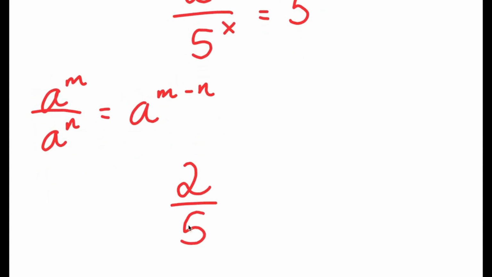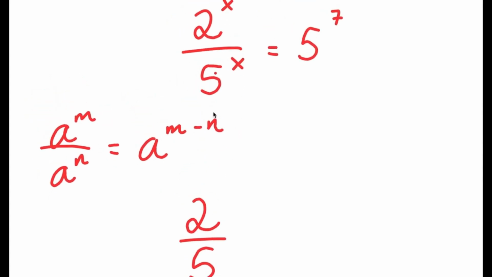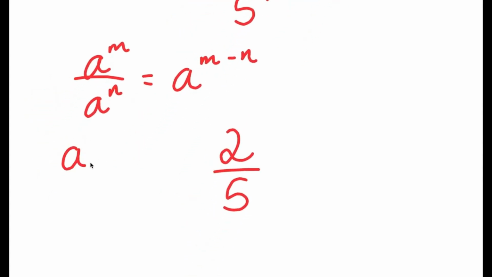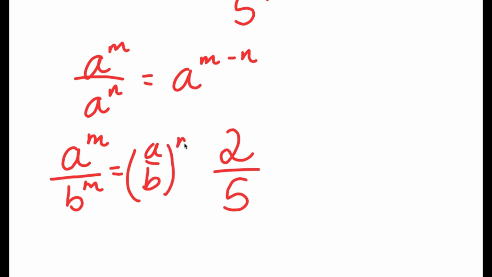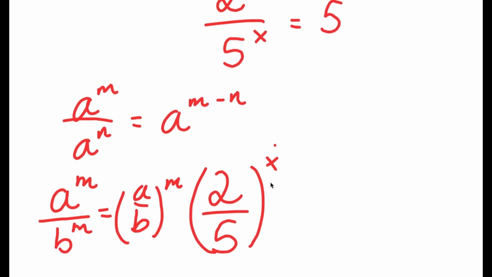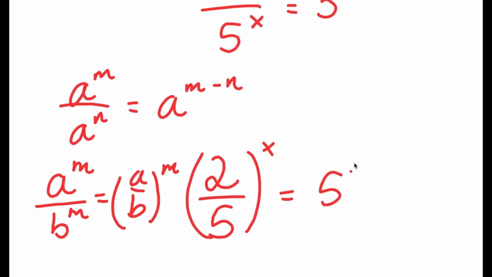And another property is that if I have something in the form a to the power of m over b to the power of m, this is equal to a over b to the power of m. So 2 to the power of x over 5 to the power of x is equal to 2 over 5 to the power of x. And this is equal to 5 to the power of 7.